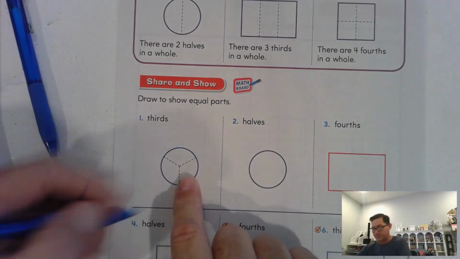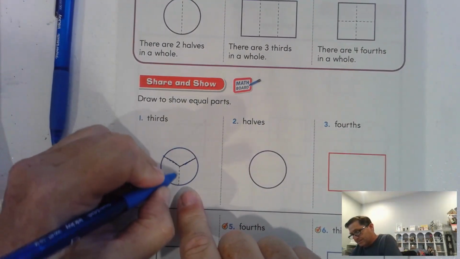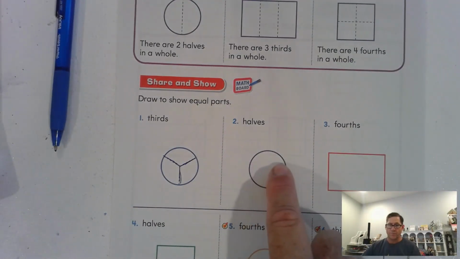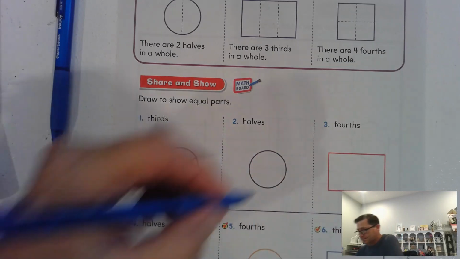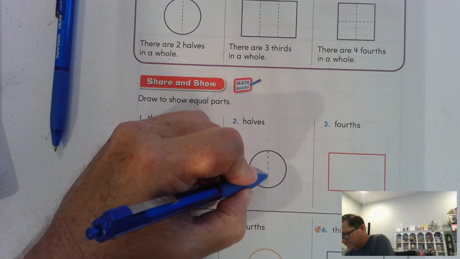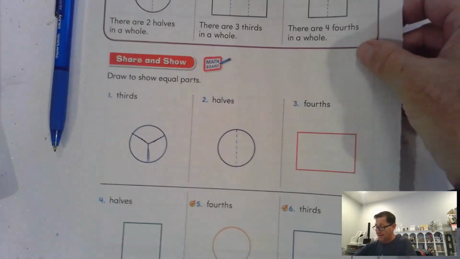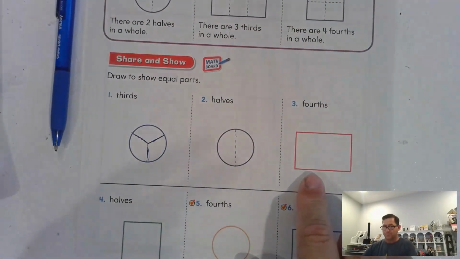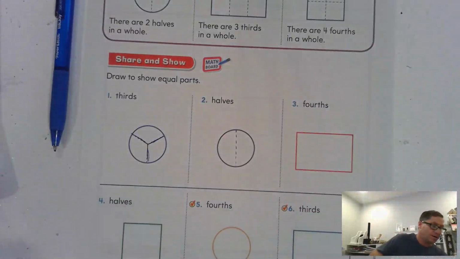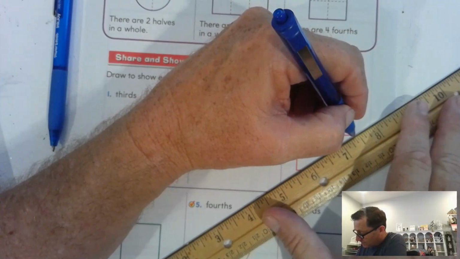So draw to show equal parts. Okay, so thirds. They're showing that to us. Okay, halves. A couple ways you could do it. You can go this way or you can go this way. So try to take your time and draw it as equal halves, as equal parts as you can. Fourths. Well, there's a couple ways you can do this. We can draw diagonals.